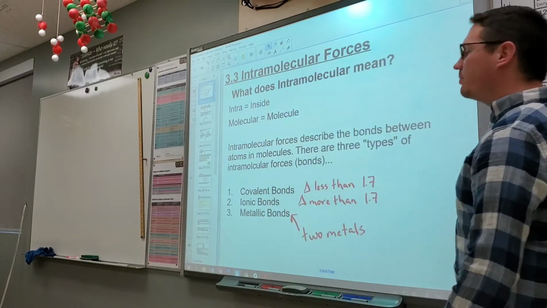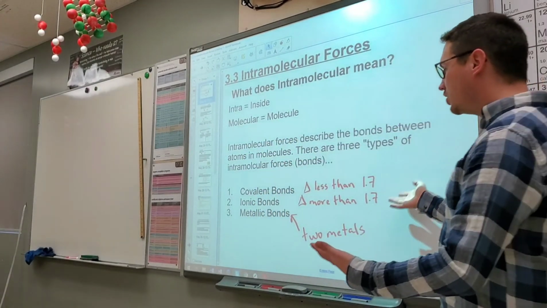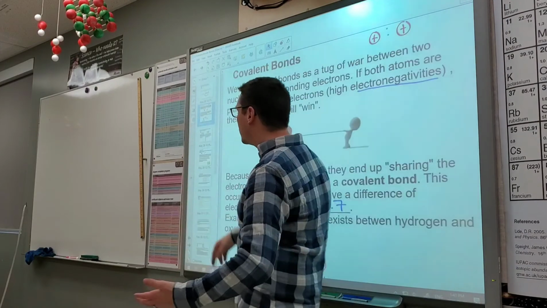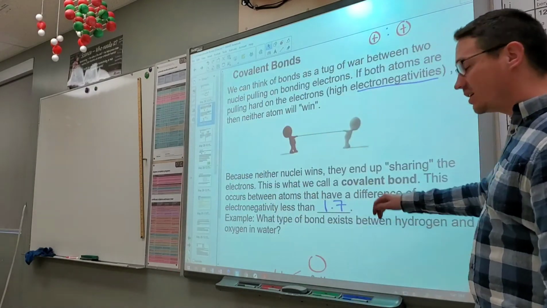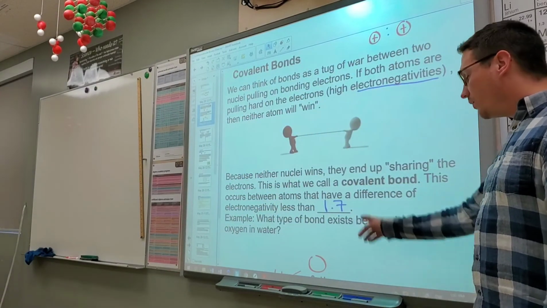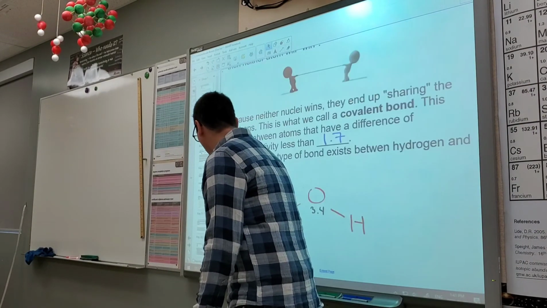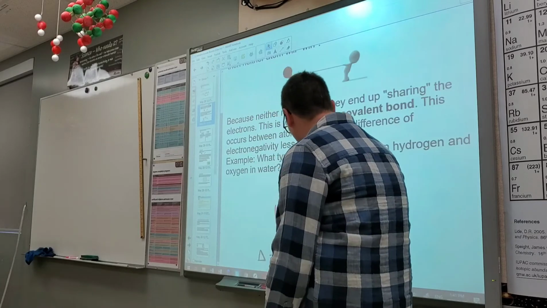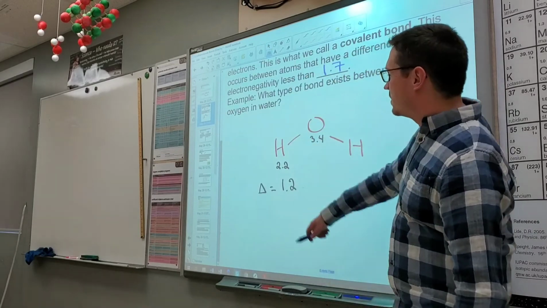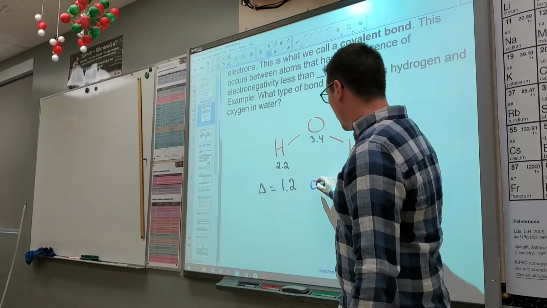Intramolecular forces describe the bonds, and the bonds that you should be familiar with are usually covalent bonds. Covalent bonds are anything that has a delta, or a difference in the electronegativity, of less than 1.7. So what is this? This is a covalent bond.